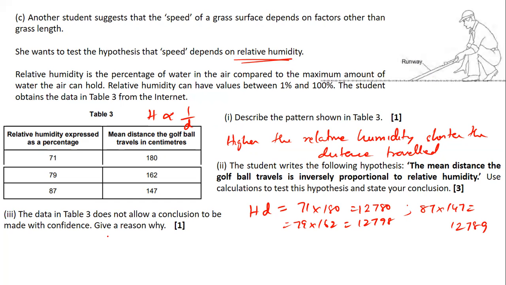There's something which is missing here. You have been given only the humidity, and the data does not tell you anything about the height of the grass where it was used, right?